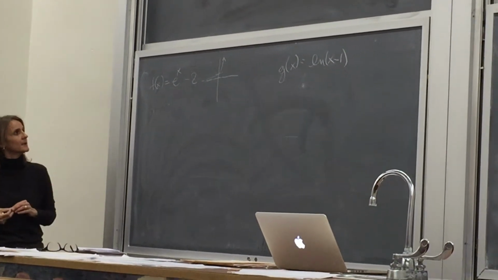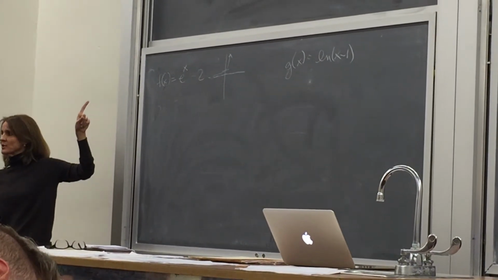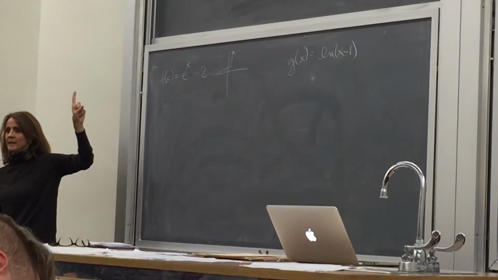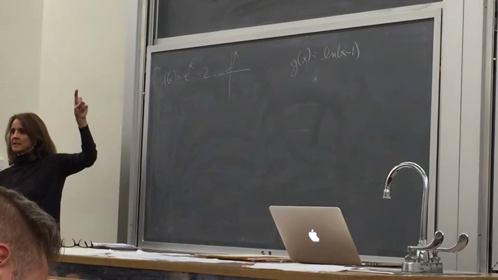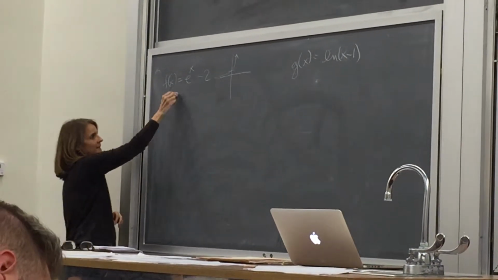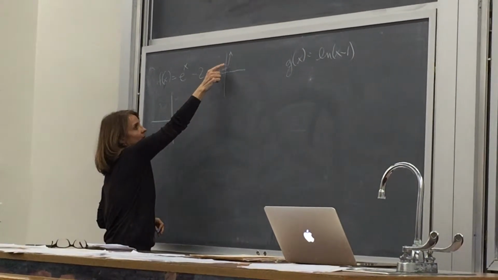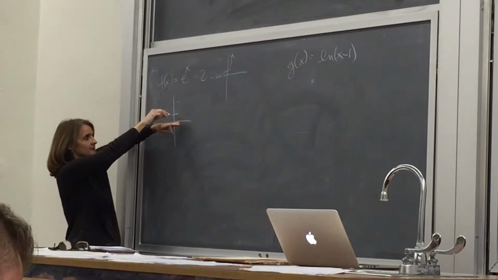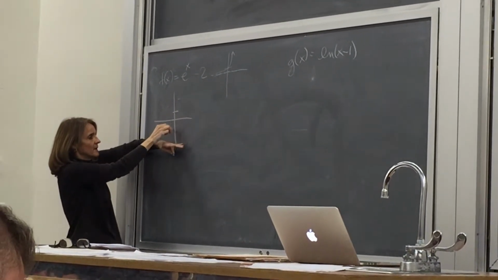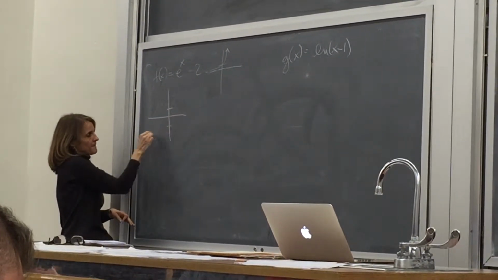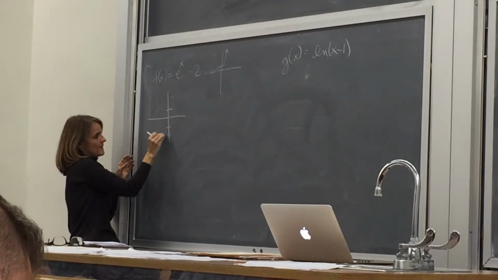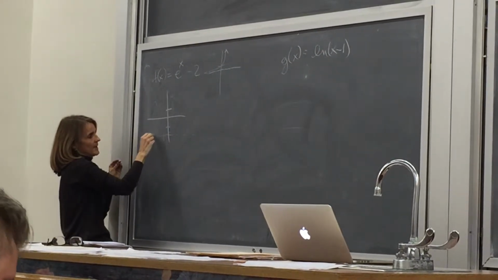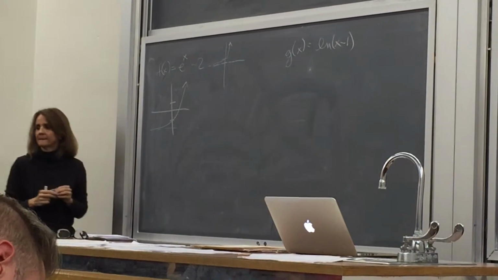How many transformations are there? Just one. I'm shifting it down 2. So I take that picture, I take the point and the asymptote, and I shift it down 2. And it comes up like that.